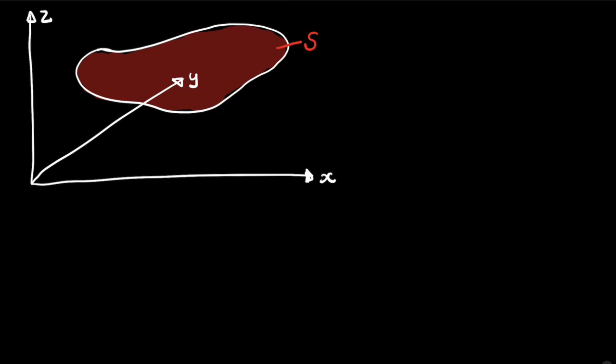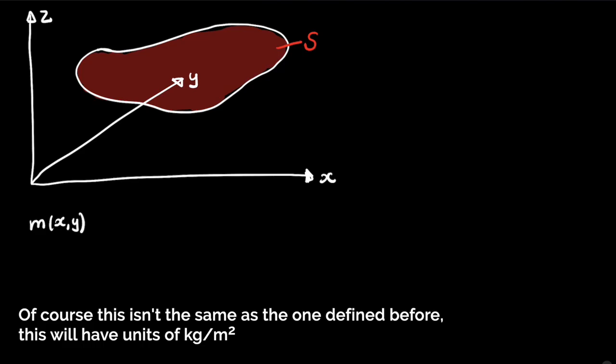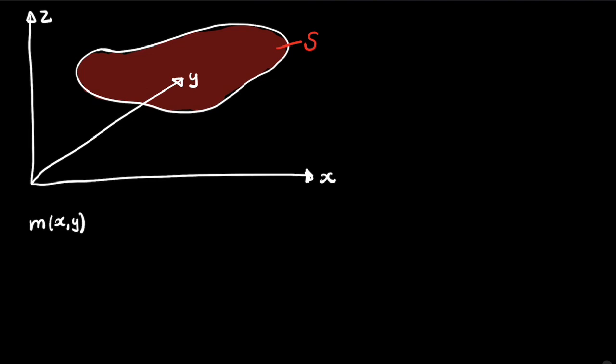Now, what if we wanted to work out the mass of this surface, similar to how we wanted to work out the mass of the line? Well, say we get given this same kind of density function, m of x and y. So this density function is going to be a function of both x and y.